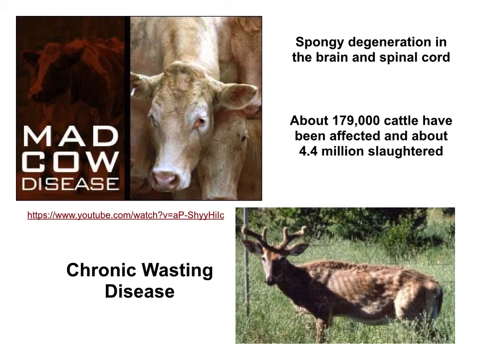The reason it makes the news every so often is that these misfolded proteins are really, really stable, and so they can be passed along from cow to cow or from cow to humans simply by consuming the misfolded proteins.